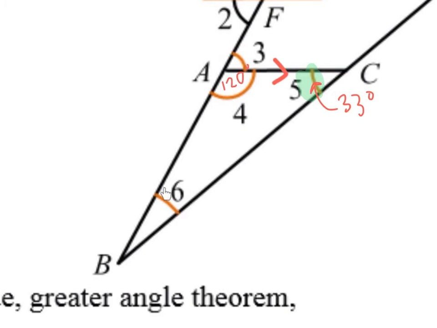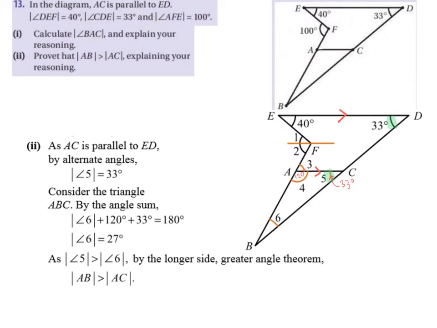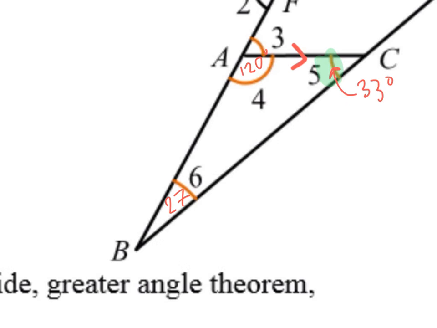To figure out what angle 6 is, we say 180 minus 120 minus 33, which leaves us with 27 degrees. So angle 6 is 27 degrees because the angles in a triangle add up to 180 degrees.